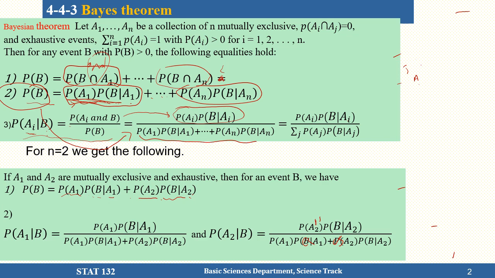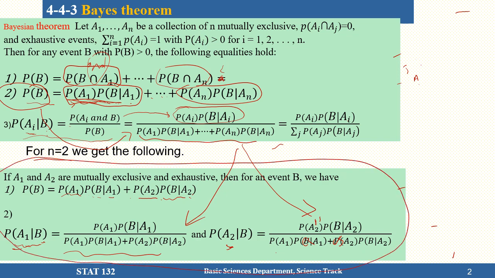And we can write the probability of A1 given B as this. I'm applying the same rule for A1 and A2, and we get this result here. For now we will generally concentrate on examples with two mutually exclusive sets, but in general you can use it for any number of mutually exclusive and exhaustive events.